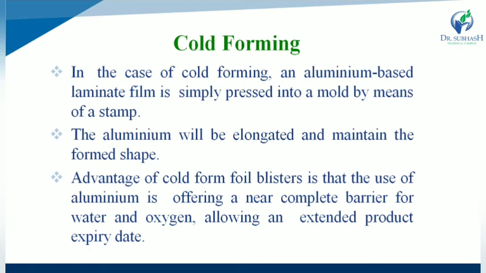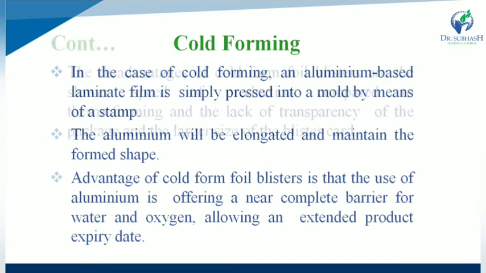The advantage of cold form foil blister is that the use of aluminium offers a near complete barrier for water as well as oxygen, allowing an extended product expiry date.